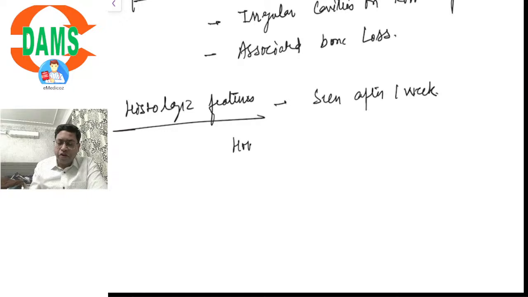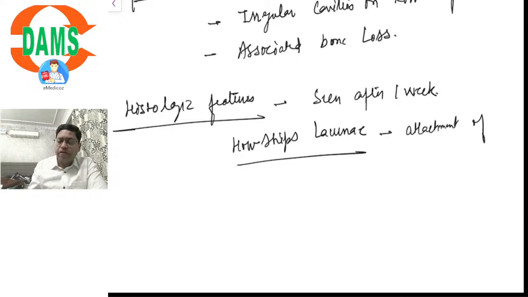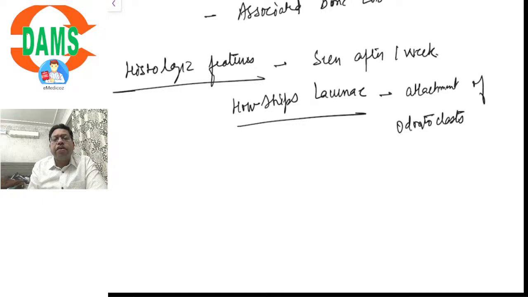We would see areas of resorption called Howship's lacunae. Attachment of odontoclasts is present over there. And irregular resorptive areas are seen on the external surface of the tooth. It is called Howship's lacunae.